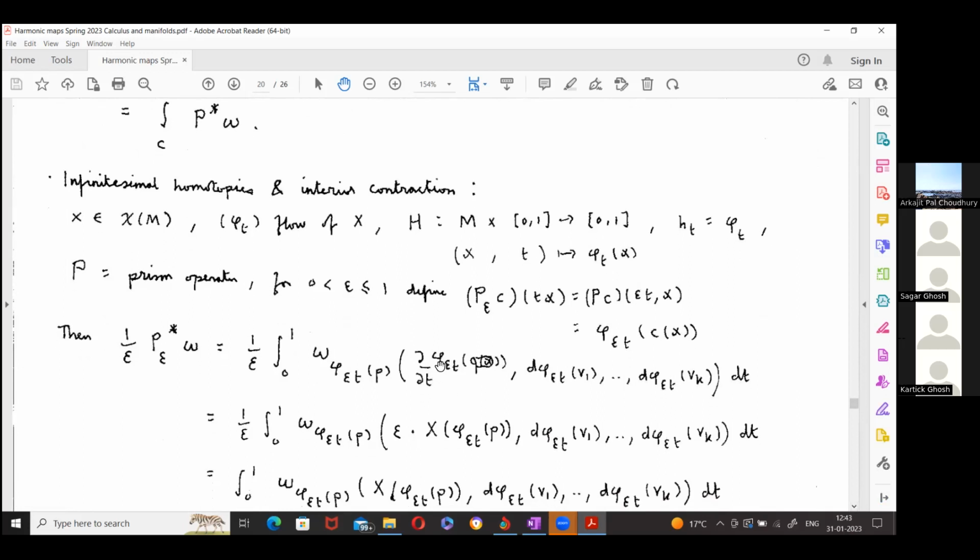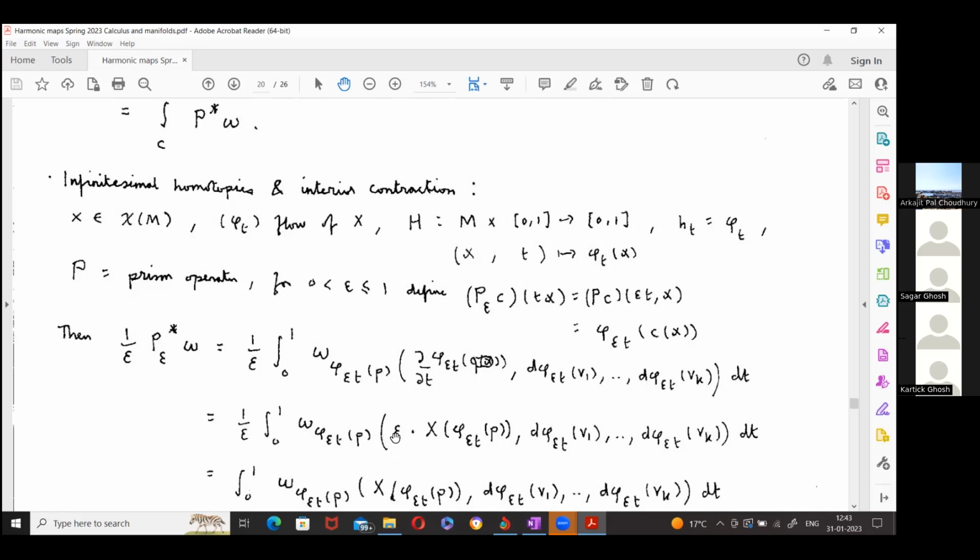So del t of phi epsilon t, by the chain rule, will be epsilon times X at phi epsilon t of p. By the chain rule, I get an epsilon coming out.